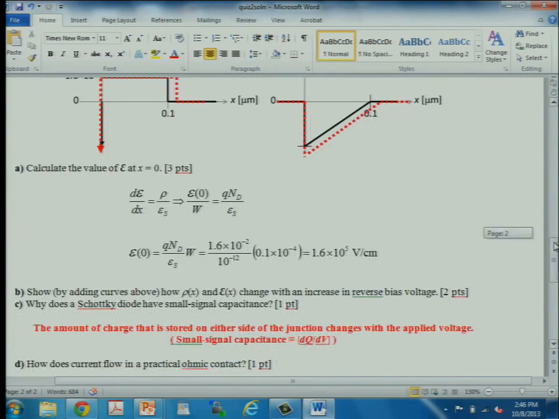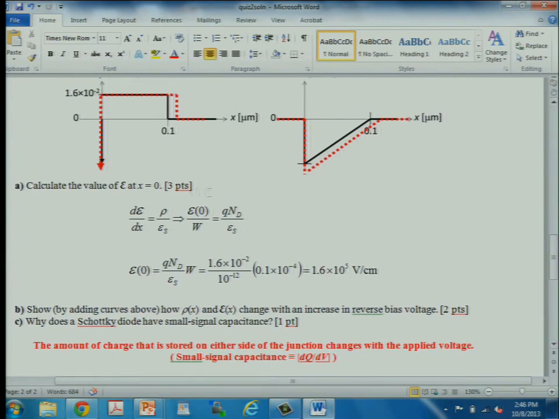The peak electric field, from Poisson's equation, the change in electric field over the change in distance is going to be related to the charge density. But in this case, you can just say E naught is the total change in electric field, and the depletion width is the total change in distance. So the ratio of those two should be equal to the charge density over the dielectric permittivity of the semiconductor. So it's a relatively simple arithmetic calculation, 10 to the 5th volts per centimeter.